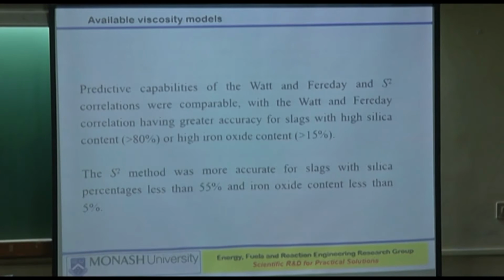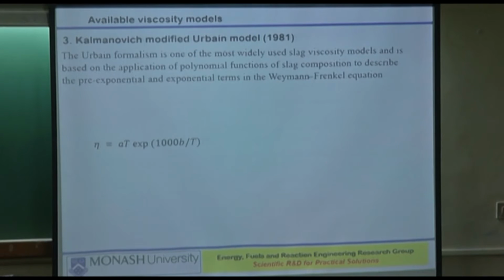So observations are observations based on what is current. Then the next model is the Kalmanovich modified Urbane model. The Urbane model was actually the most widely used slag viscosity model.